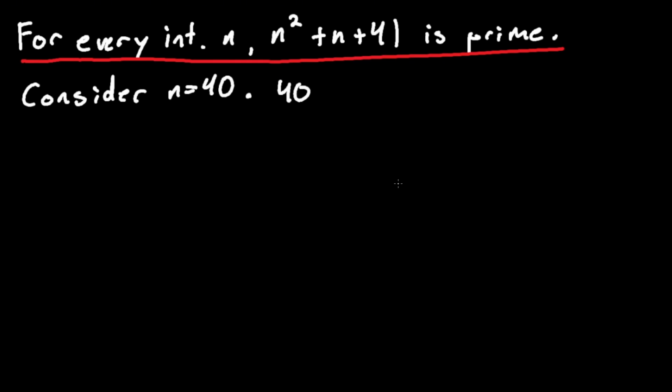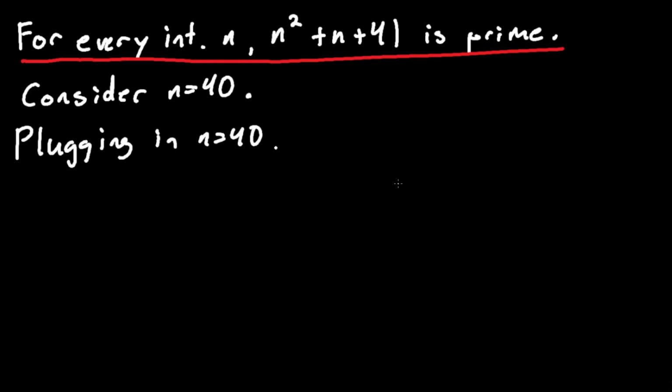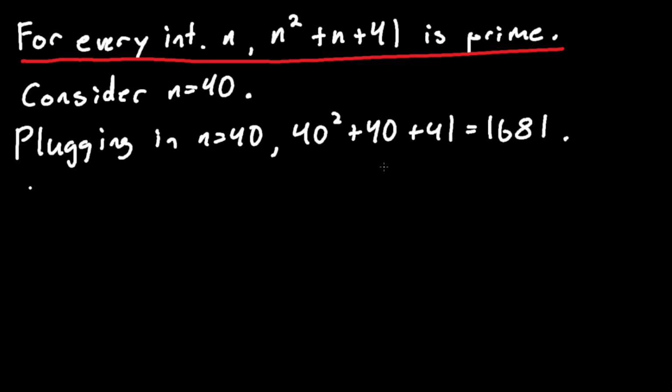Plugging in n is equal to 40, we get 40 squared plus 40 plus 41, which is equal to 1681. Here's the thing about 1681: it is equal to 41 squared.